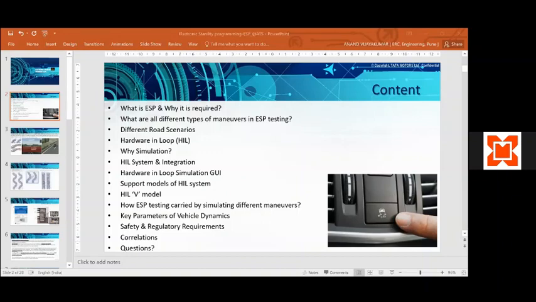We end with questions. So moving to the presentation.